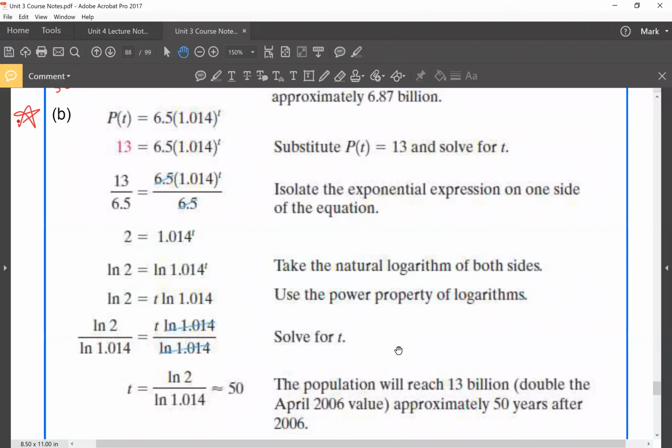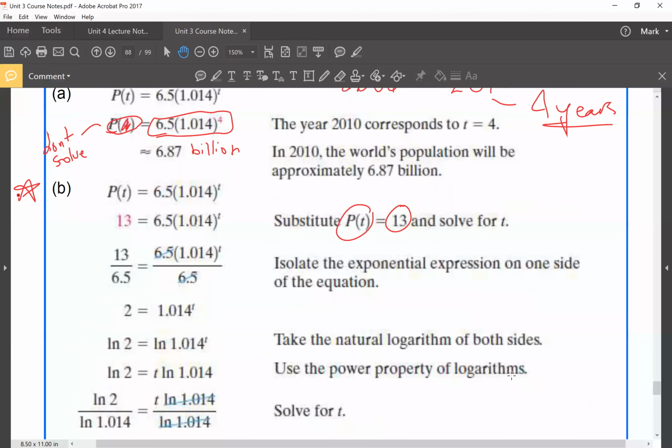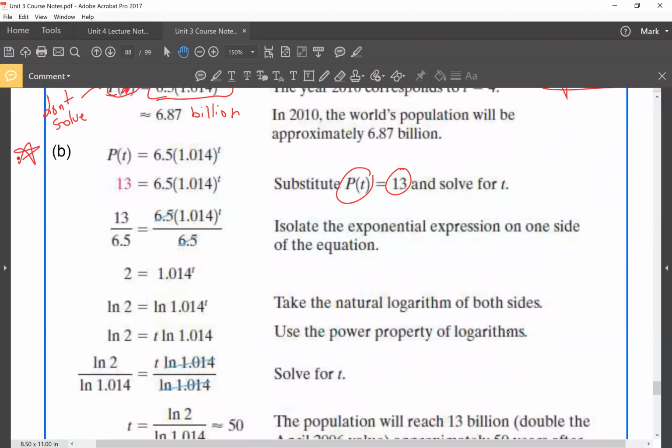So population is going to be 13 billion. We only write 13, because the number is given in billions. So we would just say 13 is equal to the rest of the formula, and all I want you to do is solve this. We learned how to solve this last day.